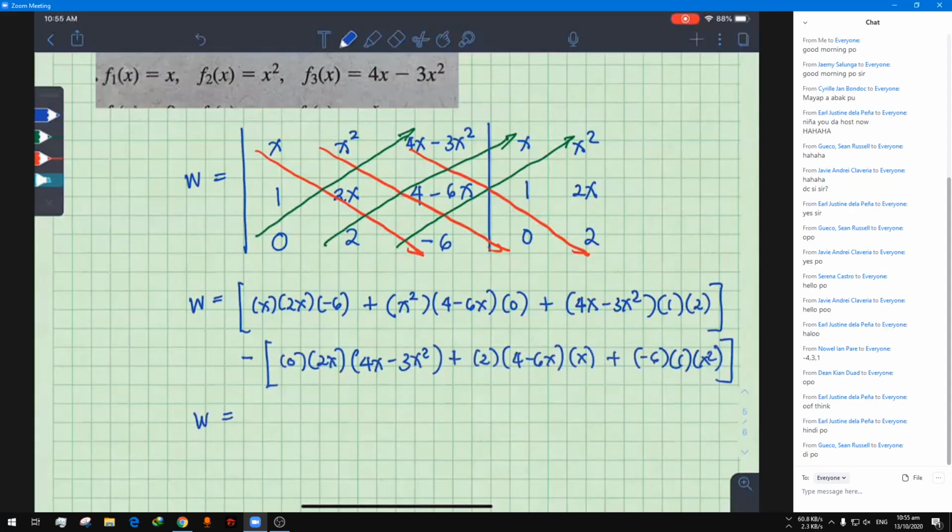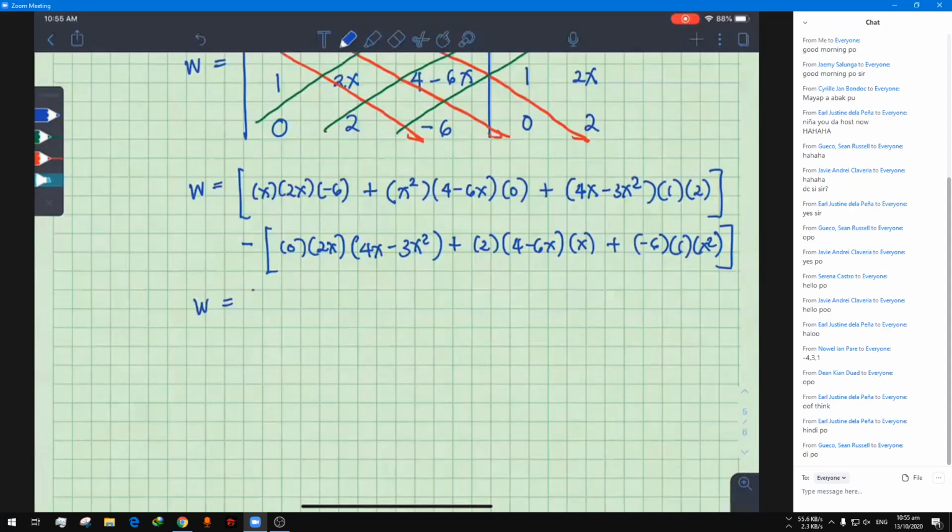So W then would be equal to, may 0 to, so 0 na yon. So 0 na rin to. So this one would be 2x, so negative 12x squared. Then plus 2 times 4, so 8x minus 2 times 3, so we'll have 6x squared.